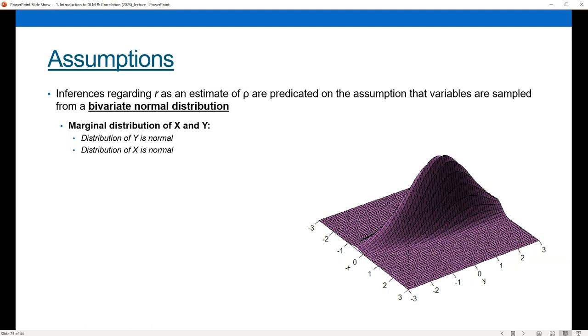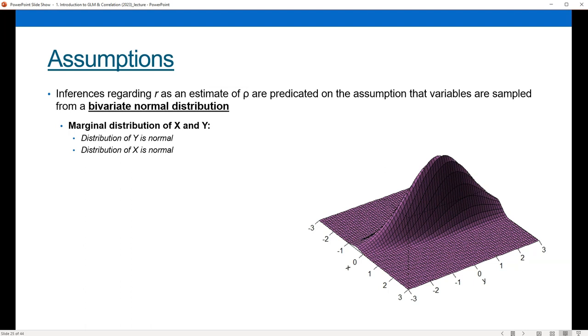Now, when we're talking about marginal distributions, just translate in your head as univariate distribution, okay? If I'm looking at the association between extroversion and social support, we would expect extroversion and social support to be associated with one another, potentially positively, right?